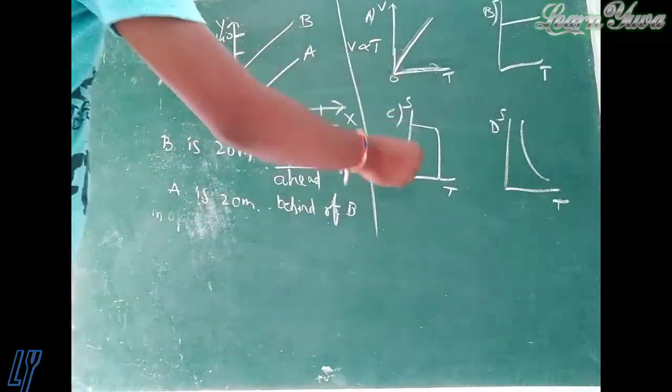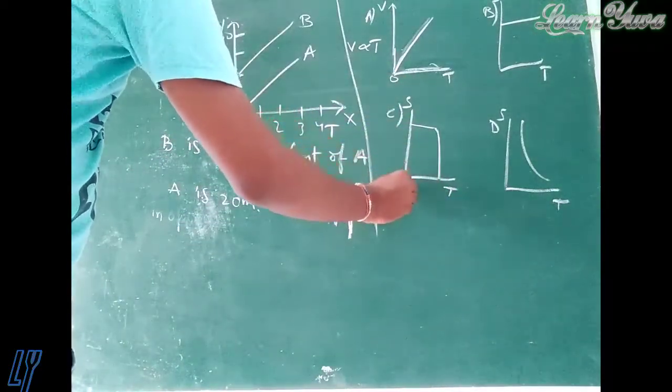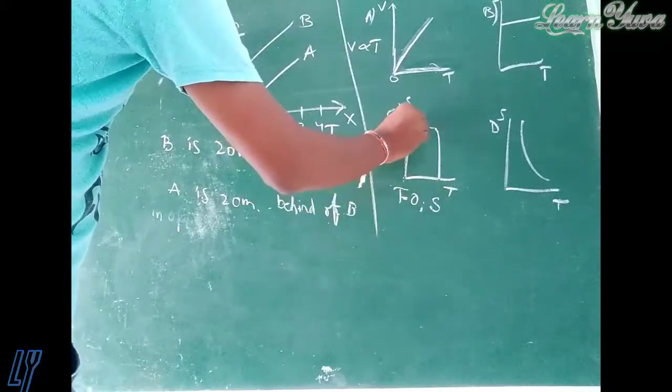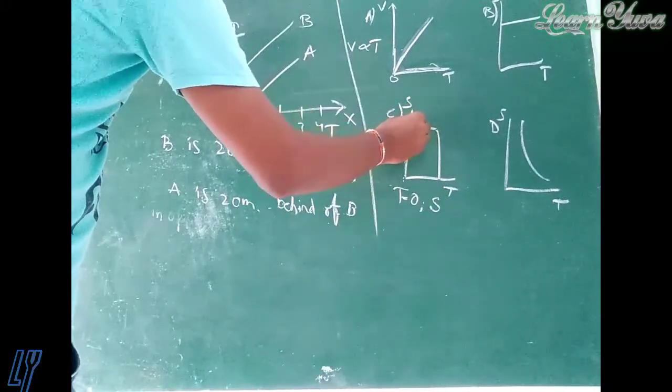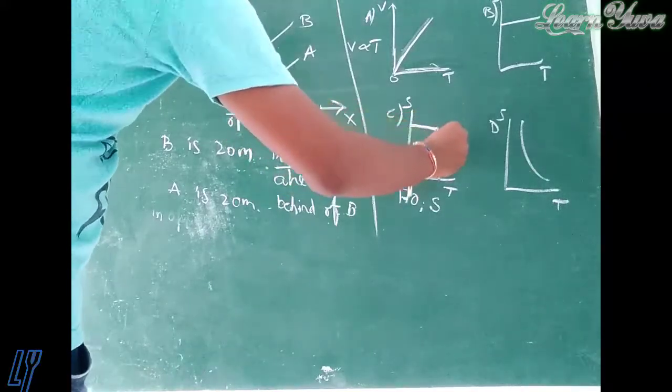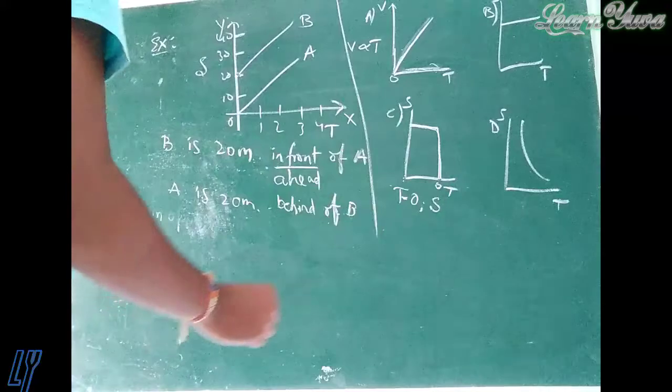If you observe this graph, at the time 0 it has some speed, and up to some time the speed is constant, later on it is 0.